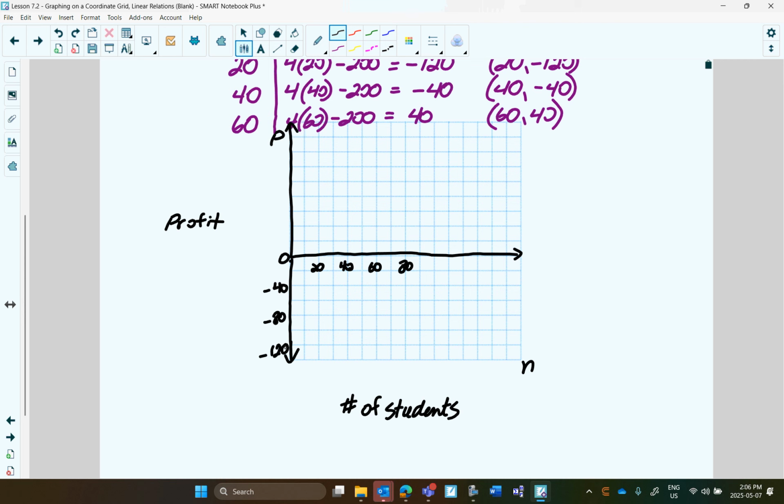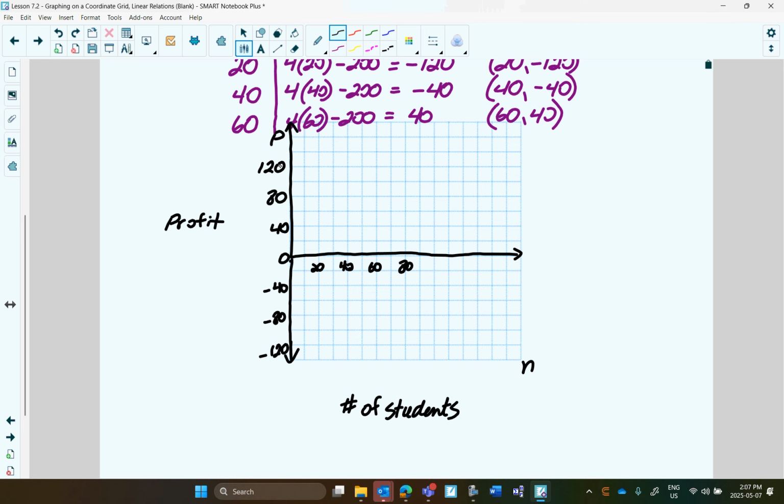Yeah, if we did negative 12, we don't have enough space. Now, because we went down by 40s here, that means we got to go up by 40s here. You can't change the scale. If you're going down by a certain amount, you gotta go up by the same amount from 0.